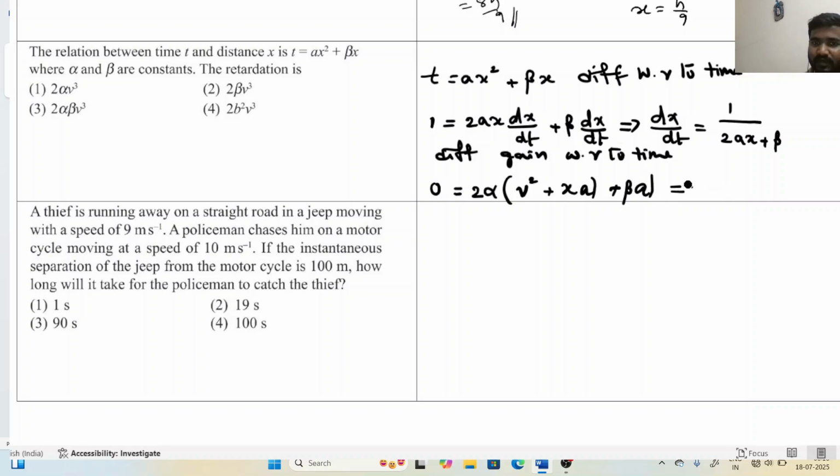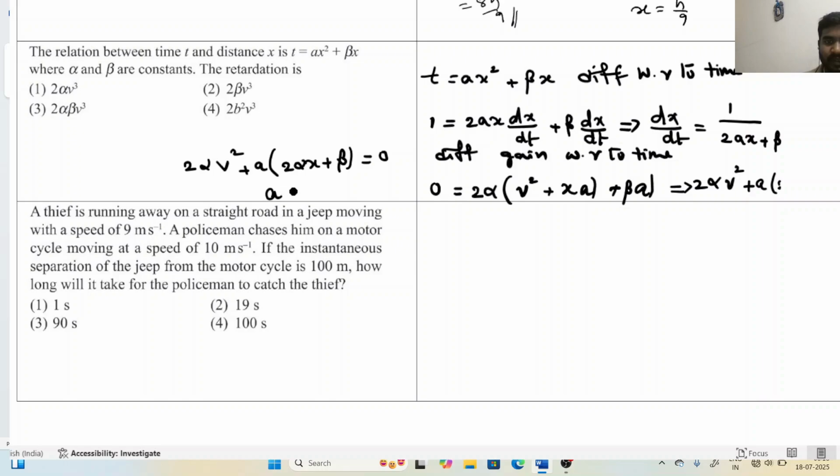From this equation, we get 2 alpha v square plus a times 2 alpha x plus beta, which must equal 0.